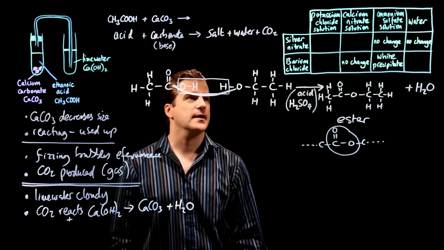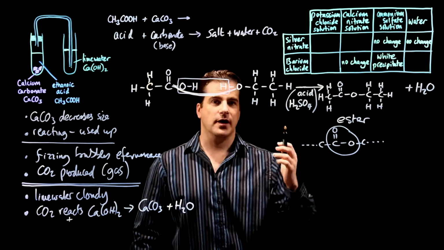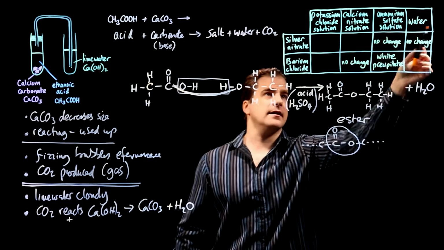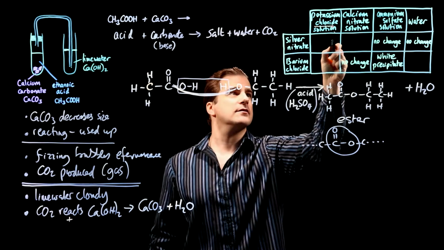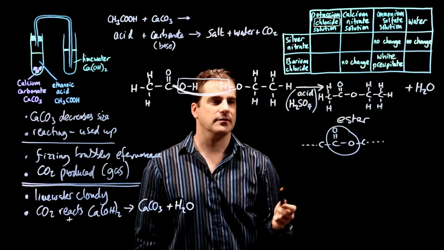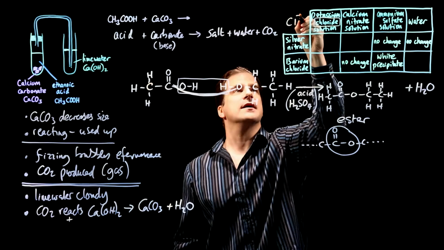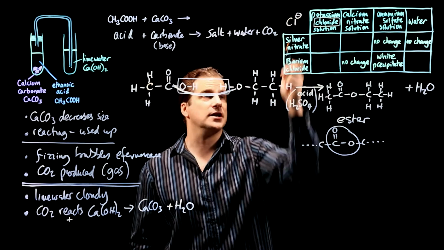So, silver nitrate tests for halide ions. So, can we see any halide ions up here? Yes, we can. Potassium chloride. That is a halide. It's a chlorine ion. Chloride is Cl minus. That's the chloride ion. Ion means the charged particle. It's got a charge of -1.